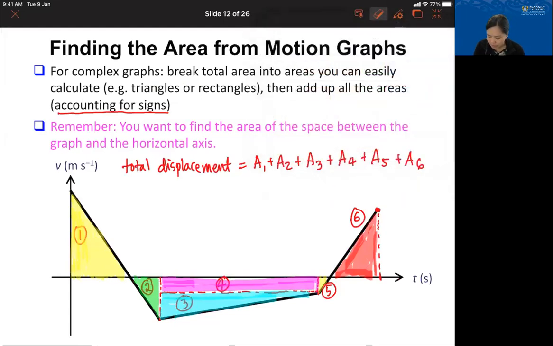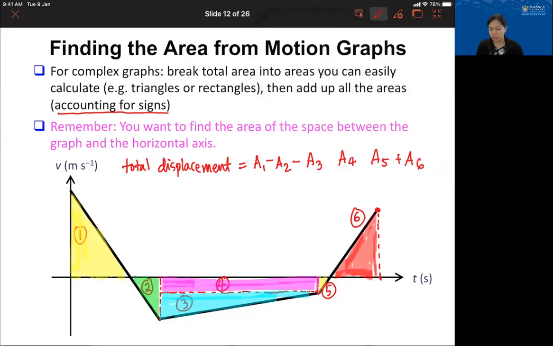So actually area 2, I think I erased too much. Yeah, I just wanted to erase the signs. Okay, so area 1. So actually area 2 should be negative. So you should be subtracting that. So A1 minus A2.